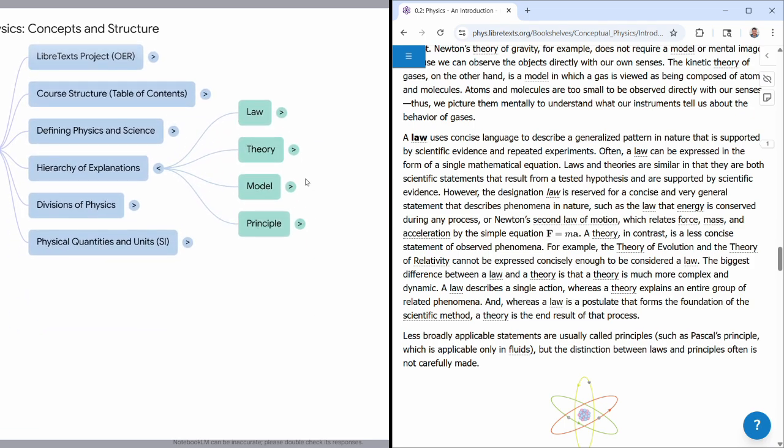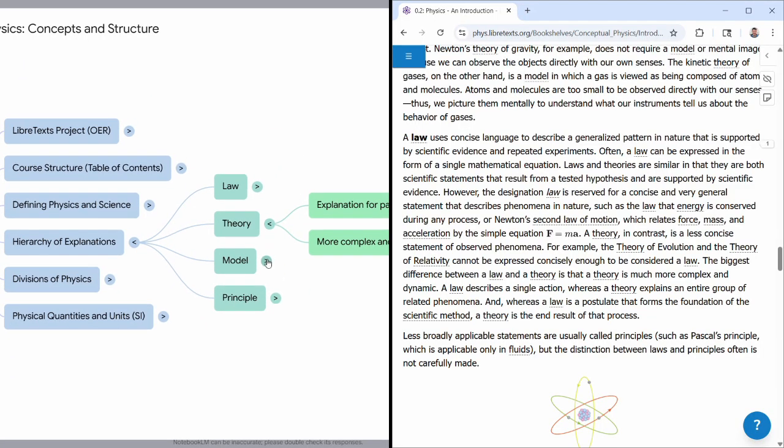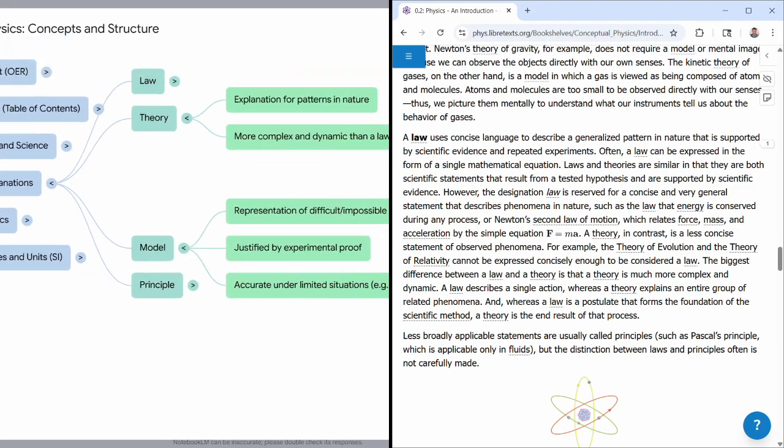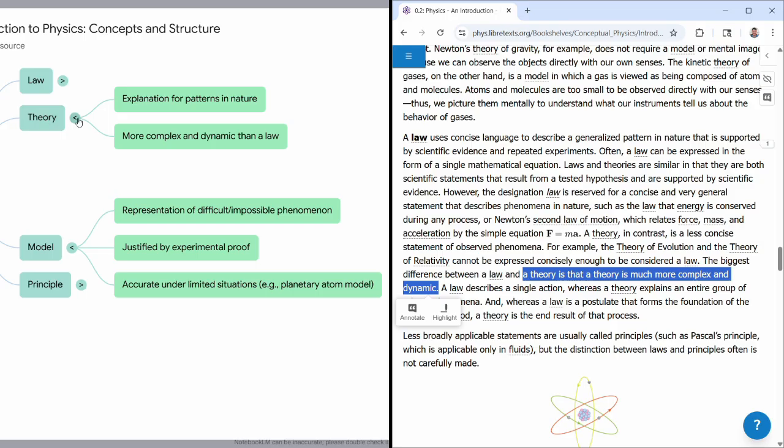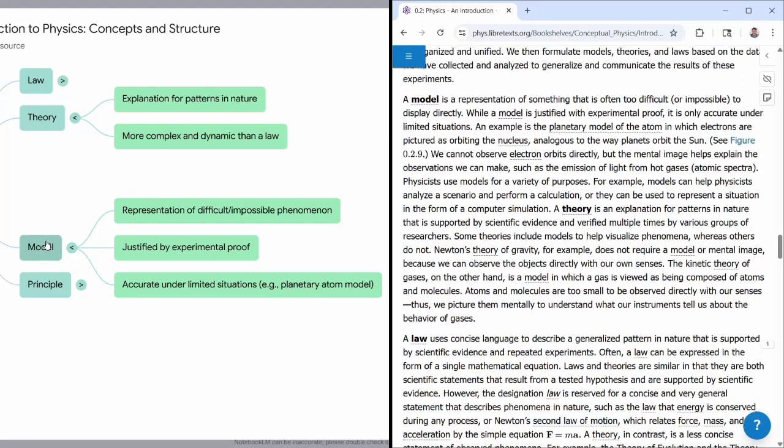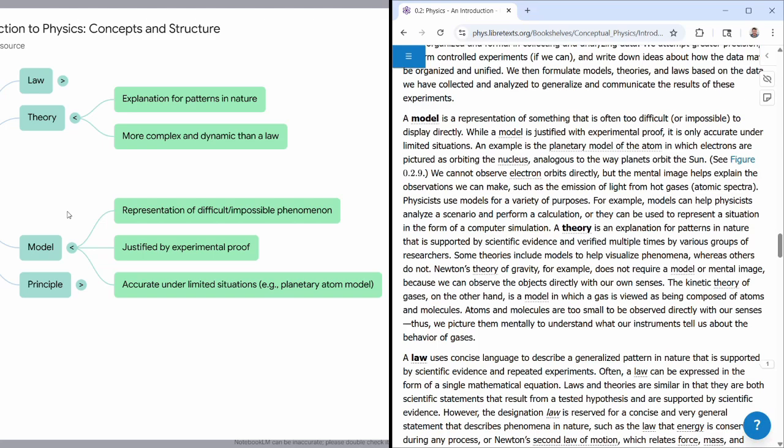I think when it comes to theory and model, we are more precise about the language that we use. When we talk about theory, it'll often be about things that have a whole structure to it. This is what it means, more complex and dynamic than a law. And when we talk about a model, it's often centered around calculation.